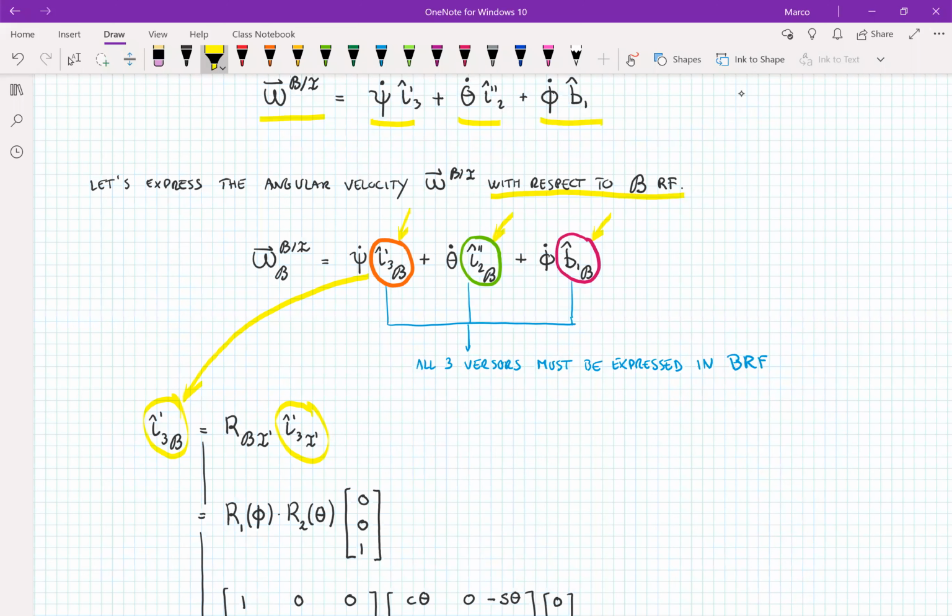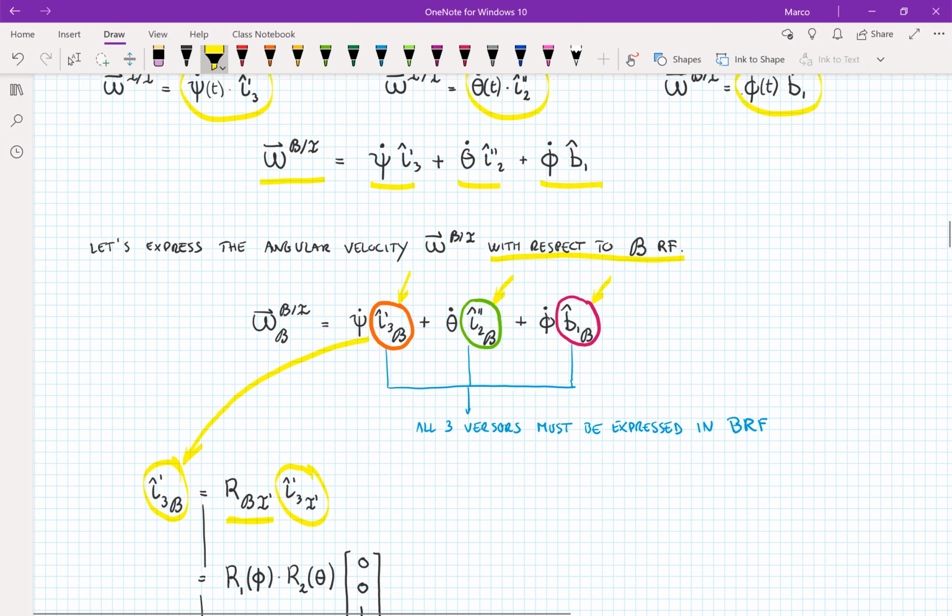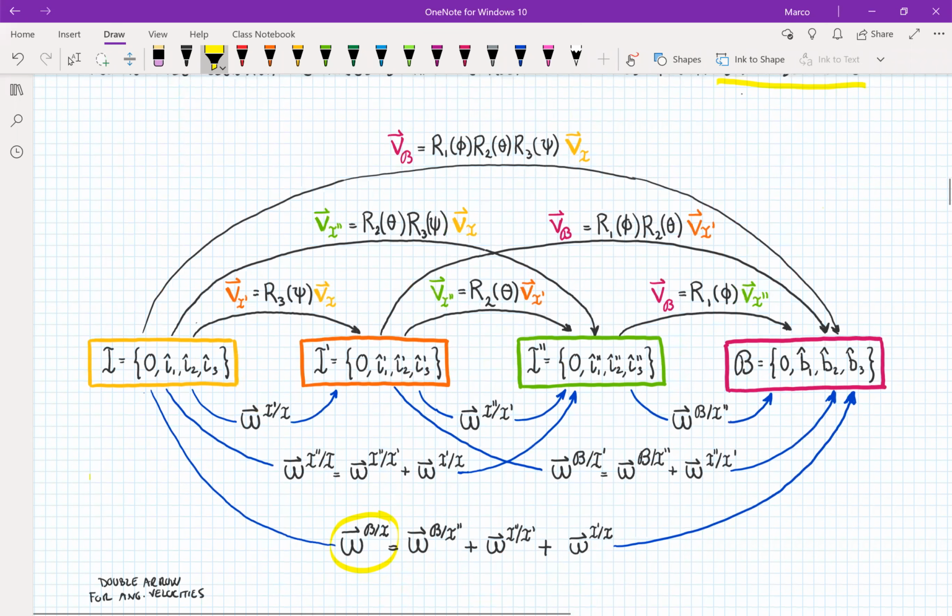So let's see what R B I prime looks like. Well, let's go up here. So we have to go from I prime to B. So we have to follow this path. So you see that the rotation matrix is equal to R1 of phi times R2 of theta.